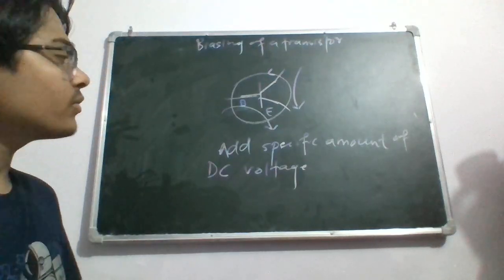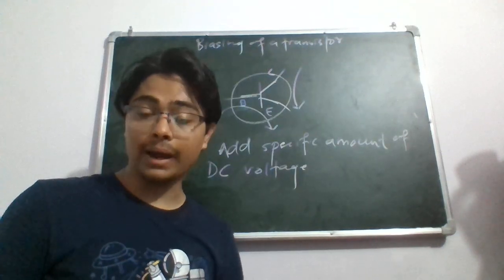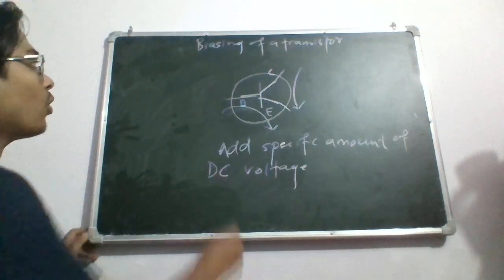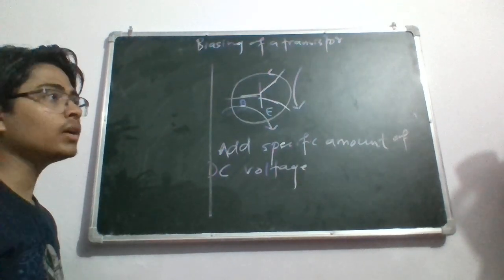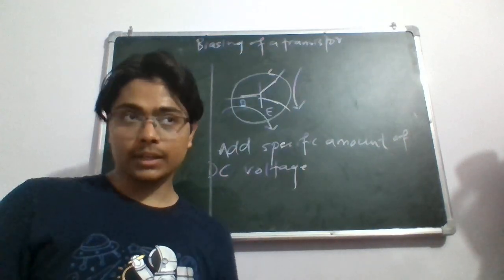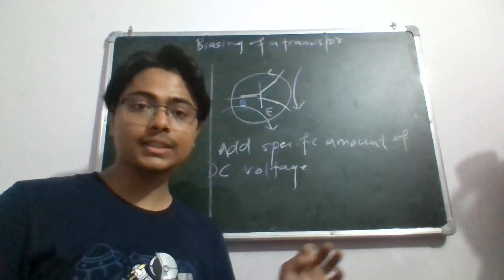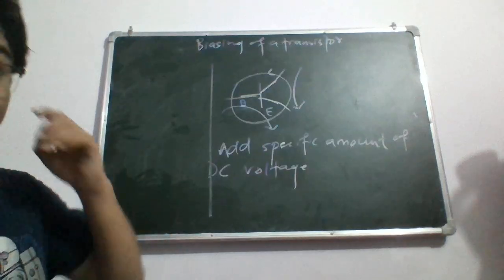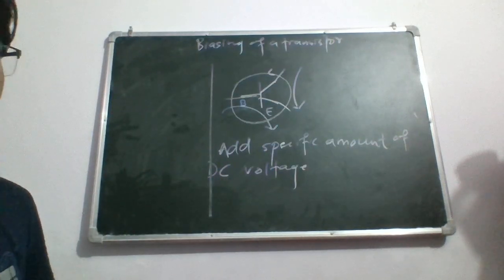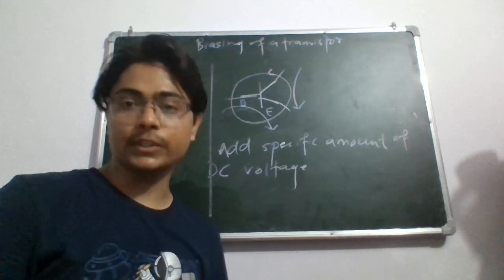Now, there are a lot of reasons for this biasing, and one of them is to operate this transistor in operating line. That means to bring the operating point of this transistor in the middle of operating line, such that there is minimum distortion.